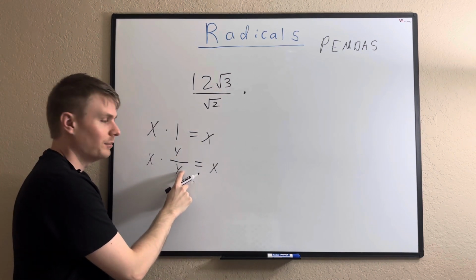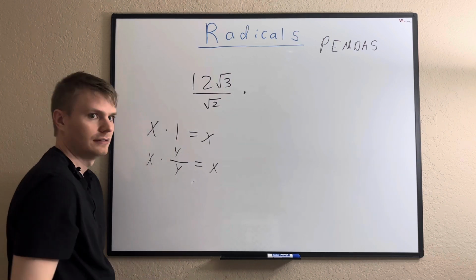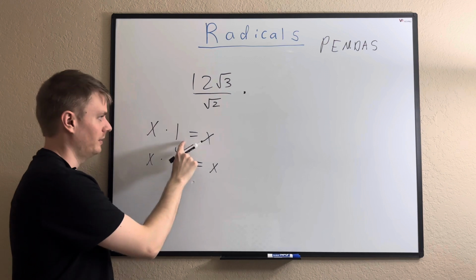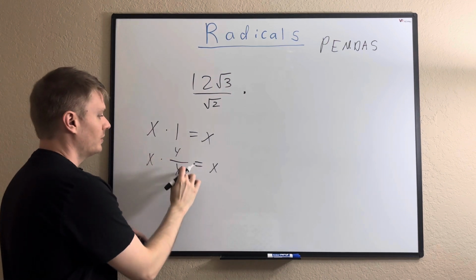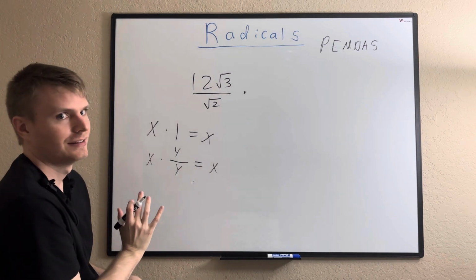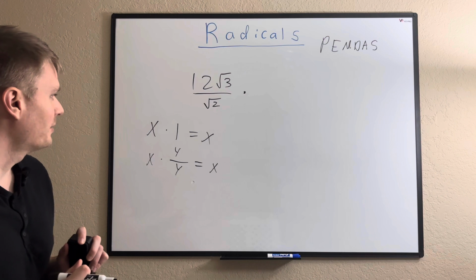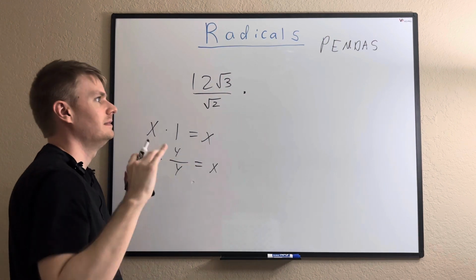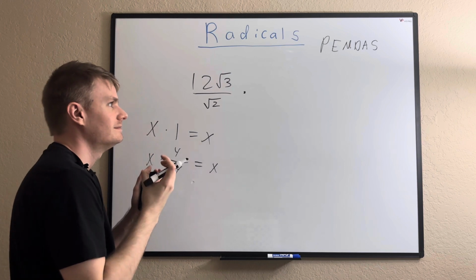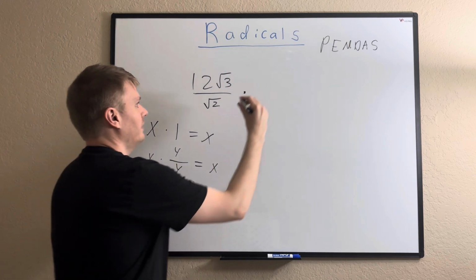Because y divided by y is still 1, because any number divided by itself is always 1. So we can choose which numbers we want. That is something that a lot of people have trouble with, but it's one of the neatest and most useful tricks in all of math. I love it.